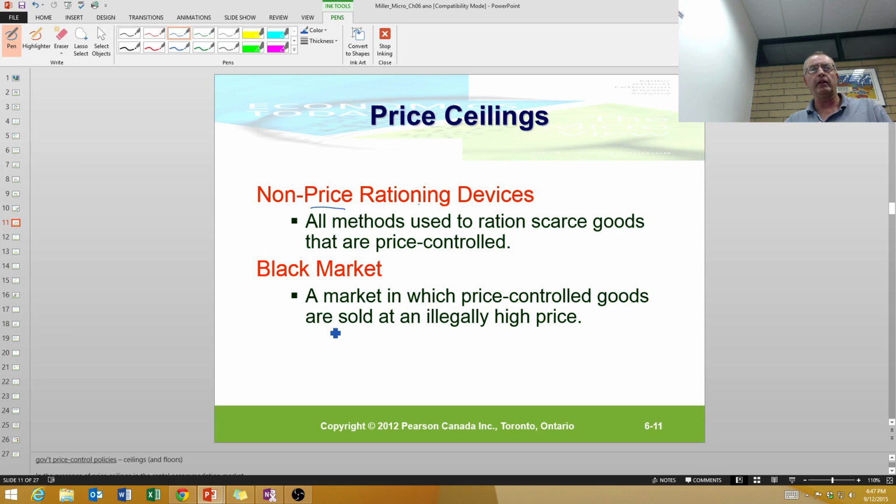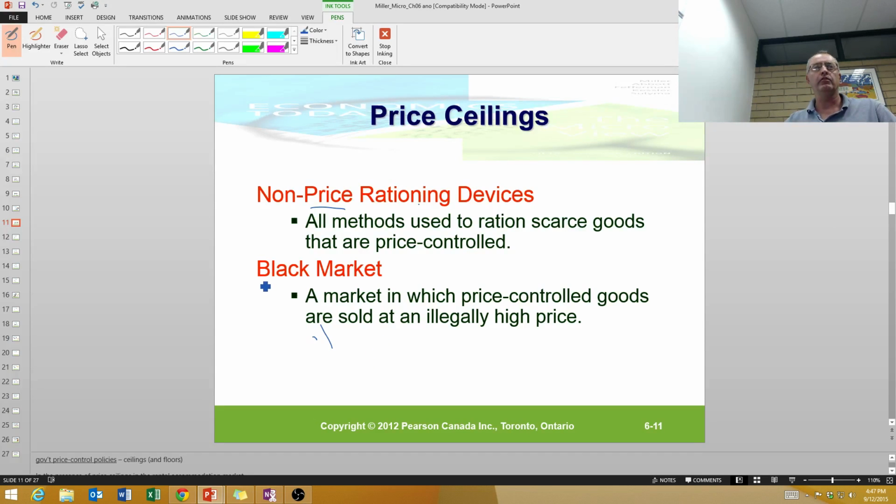So one mechanism is first come, first served. If a landlord has a vacancy, whoever contacts the landlord first wins. The second way the market tries to address the shortage when there's a price ceiling is landlords using higher tenant standards. So landlords can be a little bit pickier about the quality of tenant that they accept.